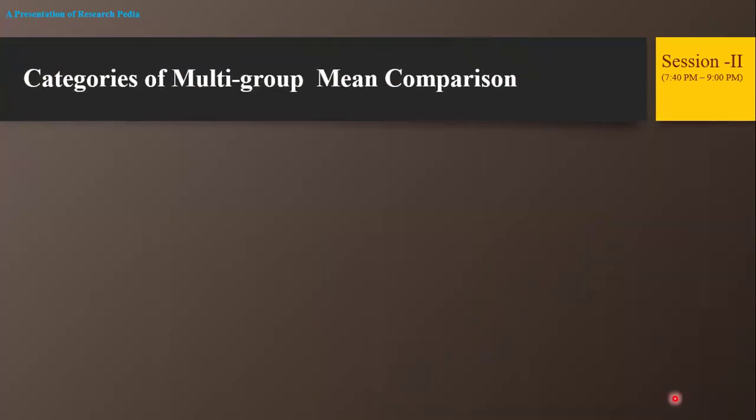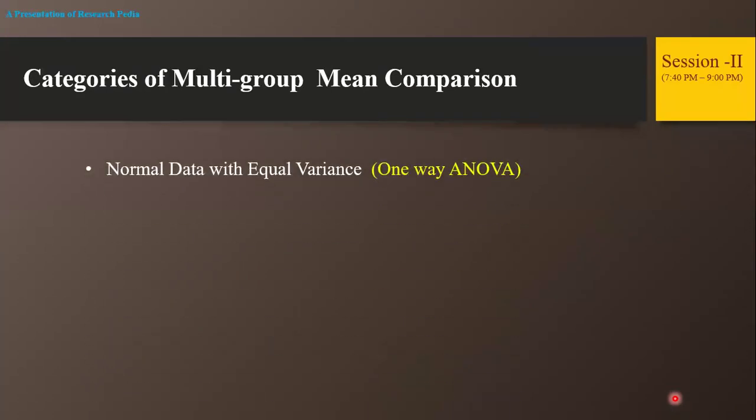So what we do when we would like to apply the SPSS procedure, what type of situation we may consider. There are three situations. Normal data with equal variance, where we would apply the one-way ANOVA. If our data is normal and we assume that our variance is equal across groups, we may consider one-way ANOVA.